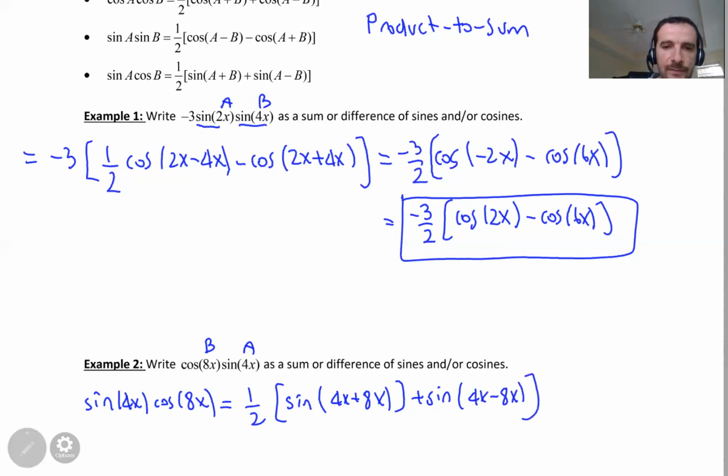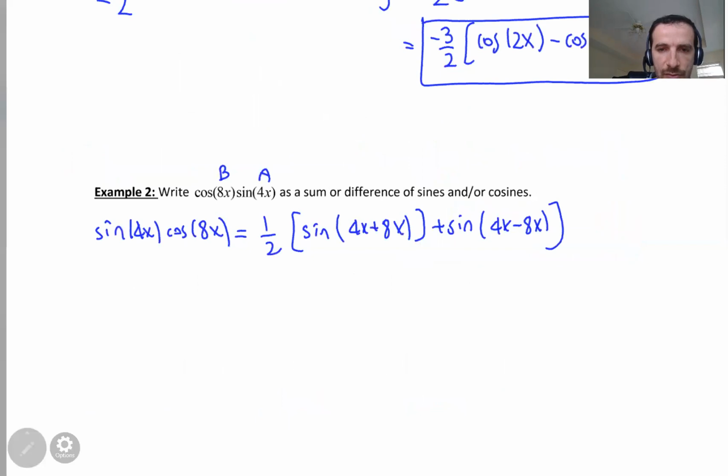Okay. So that's equal to 1/2 sine of 12x plus sine of minus 4x.